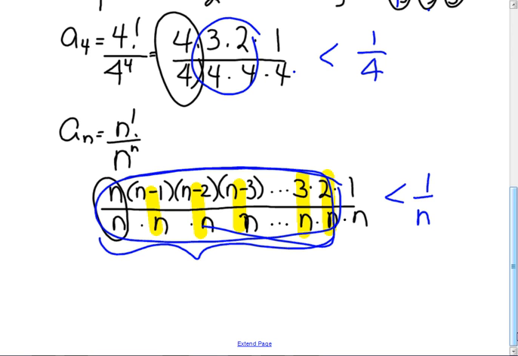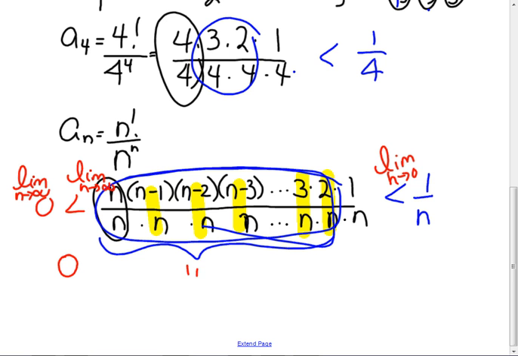And then what I'm going to do is take the limit. This is clearly bigger than 0, right? Because they're all positive numbers. I'm going to take the limit as n goes to infinity of each piece. What's the limit of 0? 0.